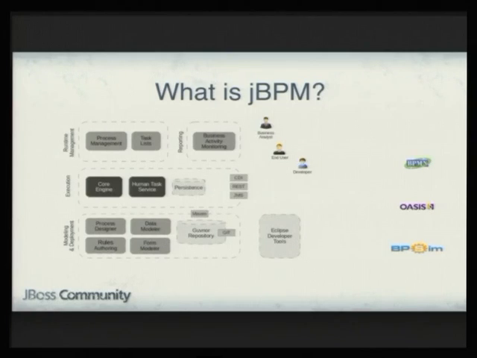A quick overview of the landscape of what jBPM as a project delivers. In the middle we have the core engines and the human task service. This is the runtime component that can execute the business assets, consuming the business process definitions and the user task lifecycle.